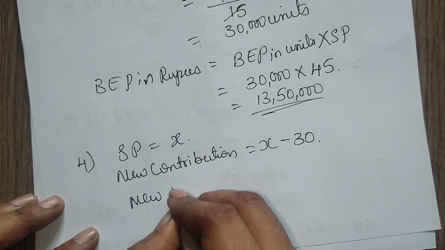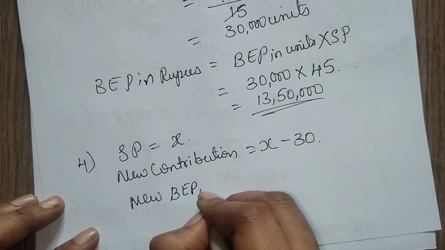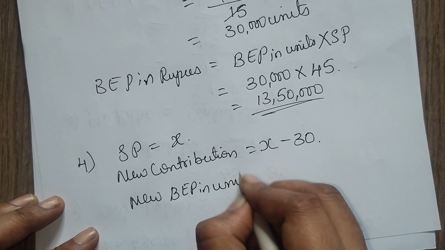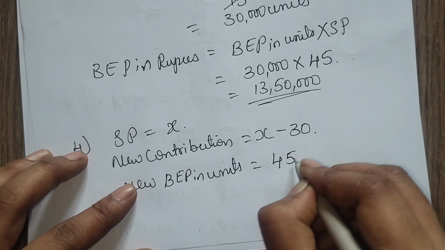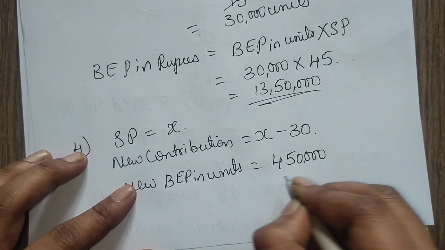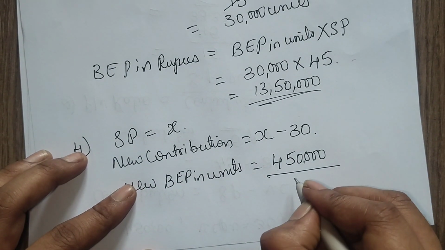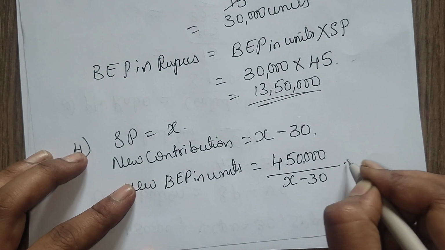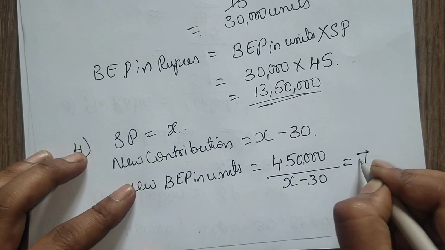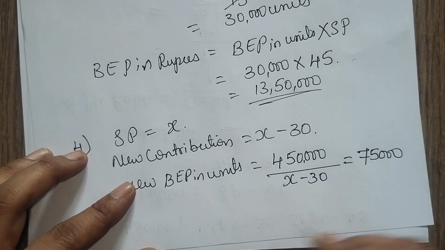New BEP in units is equal to fixed cost, that is 4,50,000 divided by contribution per unit X minus 30, and new BEP in units is given, that is 75,000.